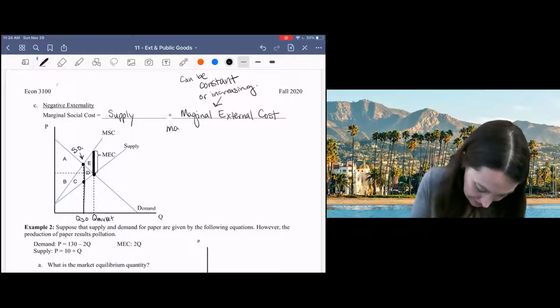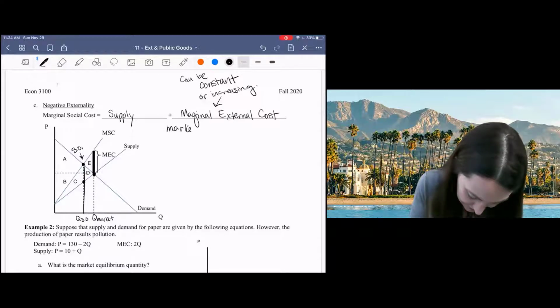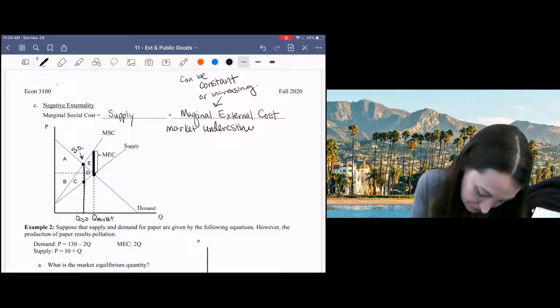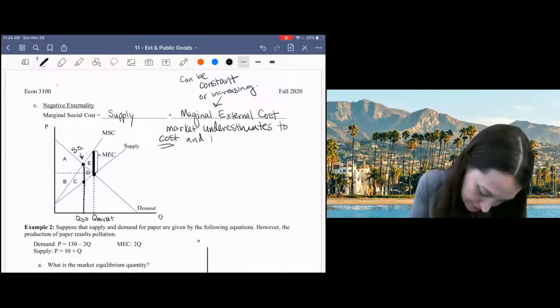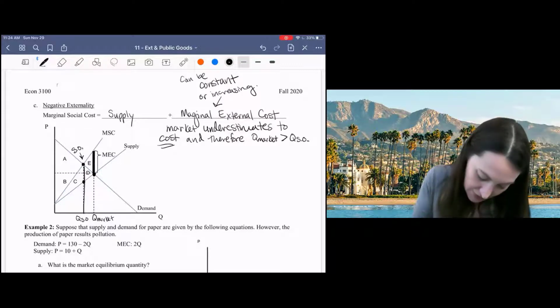You'll see here that the market has produced too much because the market underestimates the cost of production, or the cost of this product, and therefore our market equilibrium quantity will be larger than the socially optimal quantity.